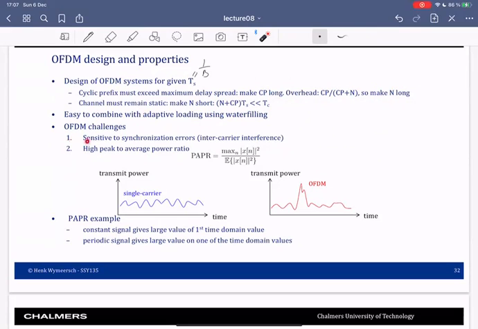There are some challenges. One is that it's a bit harder to synchronize than single carrier transmission, because residual synchronization errors lead to inter-carrier interference. And the other issue is that you have a high PAPR. So we've seen already that when we send a constant sequence of symbols, then in the time domain, this leads to a large peak. So in more general terms, if you look over time at the power of a single carrier transmission, there will be some fluctuations, but in OFDM, there will be enormous fluctuations, basically on the order of 1 over n.